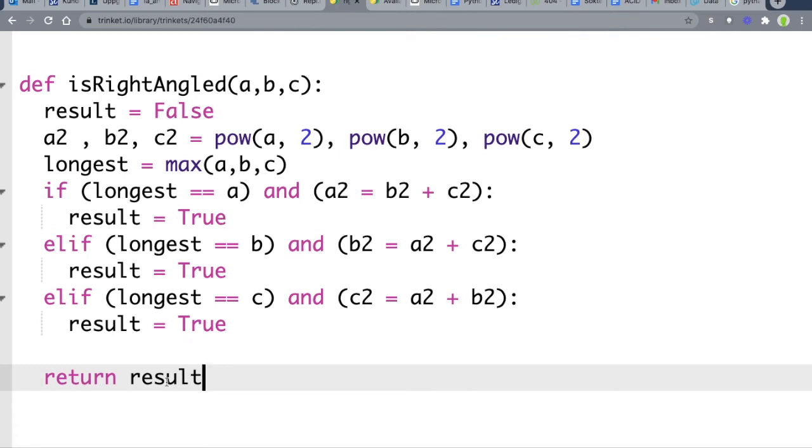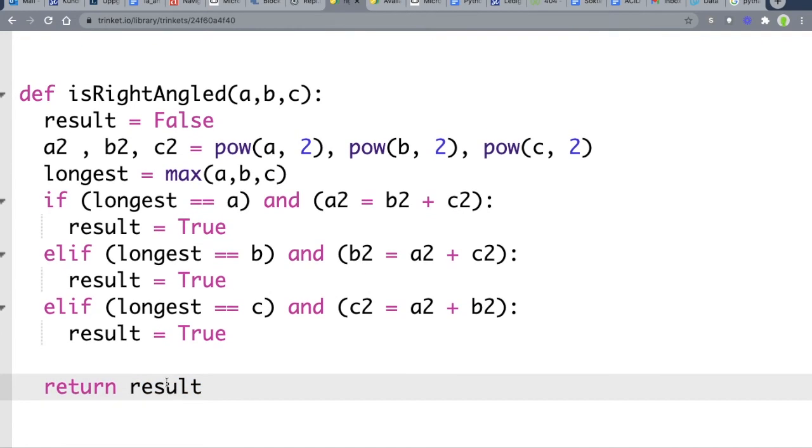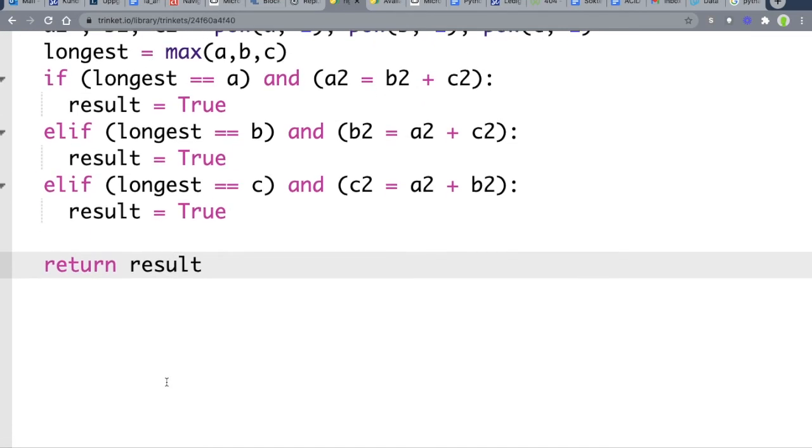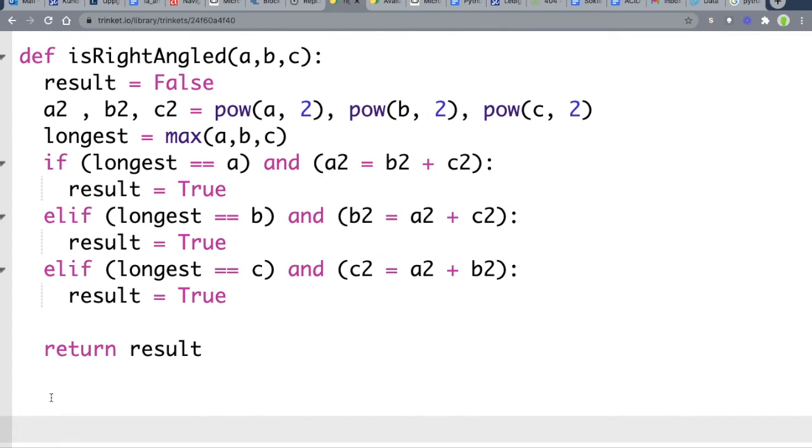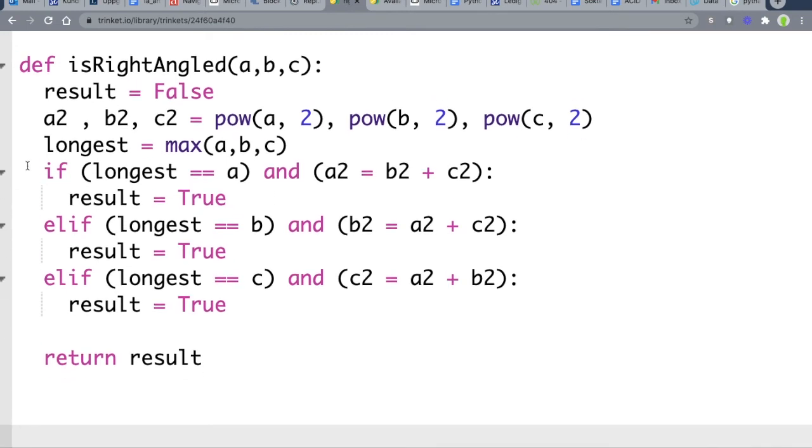Otherwise, the result should be returned, and the result should be false. So this is our function. Let's check it. We have to go one step backwards in order to get outside this function, otherwise it will not work.